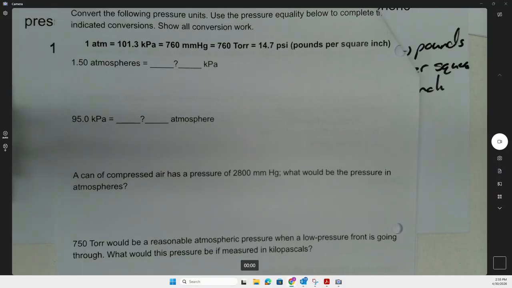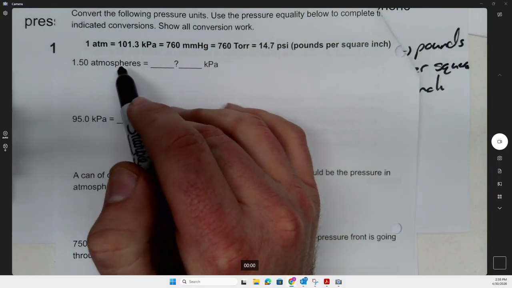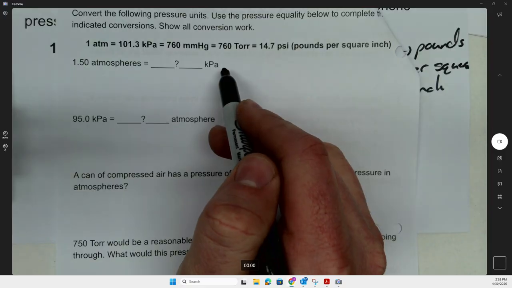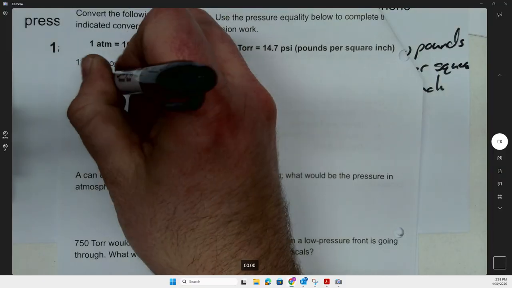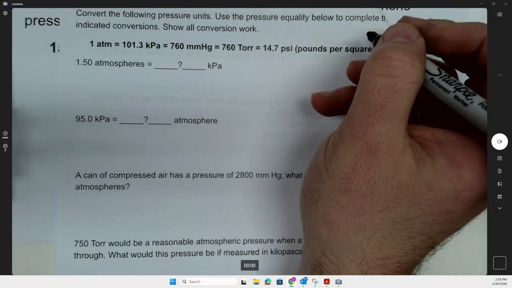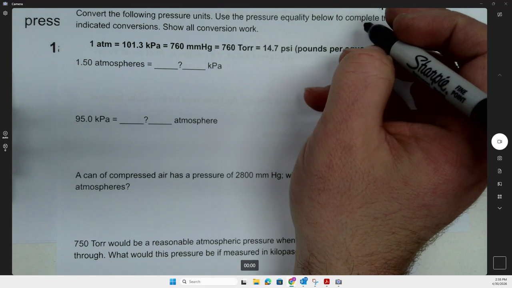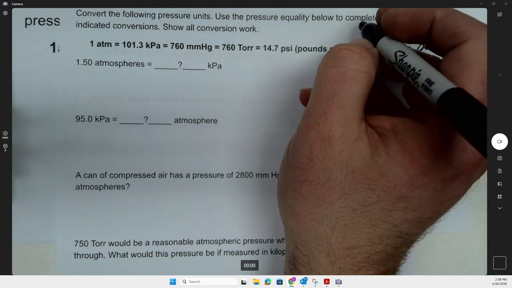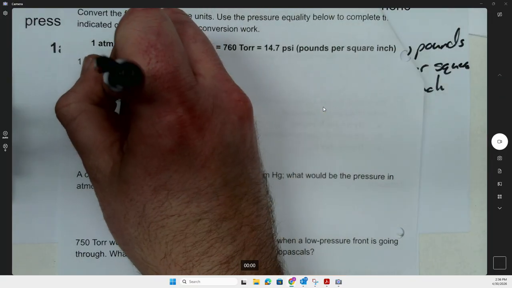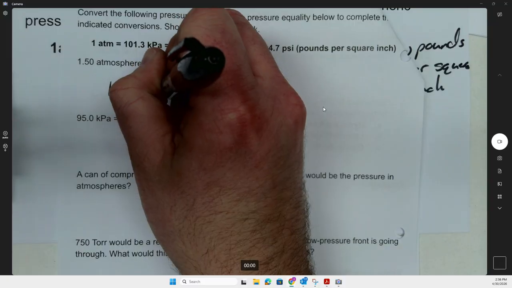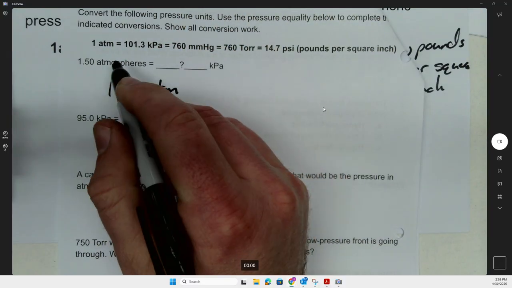So, my first question is I need to convert 1.50 atmospheres to kilopascals. Like anything, I'm going to use my dimensional analysis to get this done, right? Those equality fractions. It's the easiest thing that we did. 1.50 ATM, because remember, ATM stands for atmosphere.